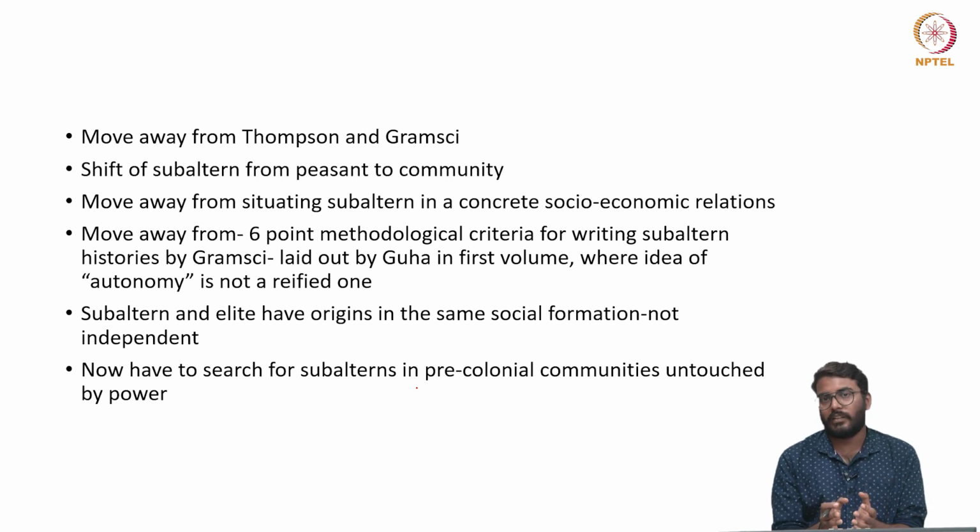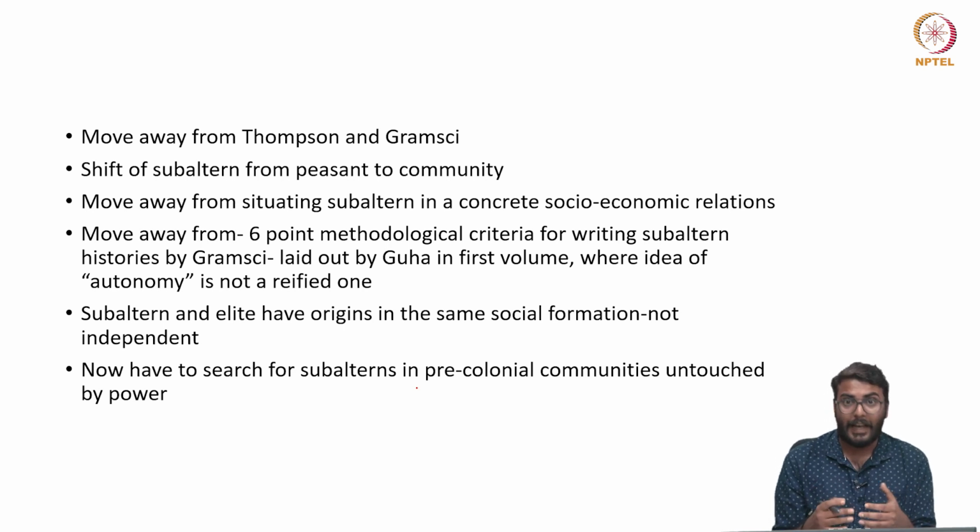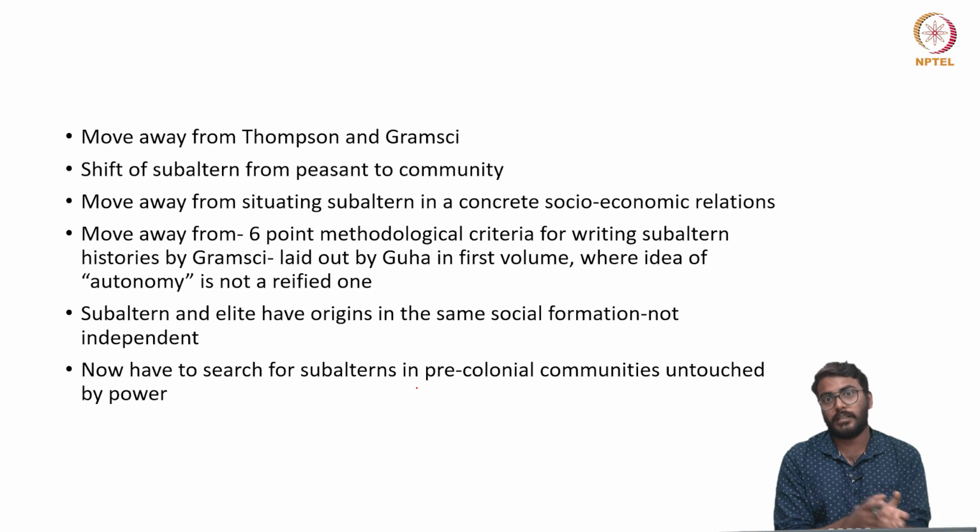So, you have to remember, Jawaharlal, that the subalterns are not already autonomous, they are in search of autonomy, right? But in the later Subaltern Studies schema, they have been treated as if subalterns and the elites belong to different social formations.